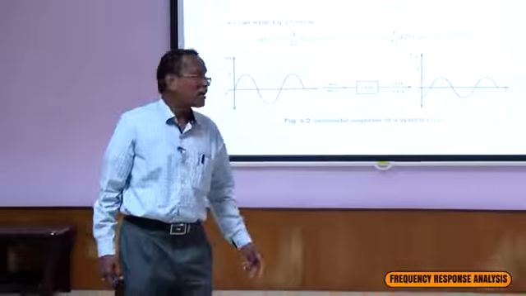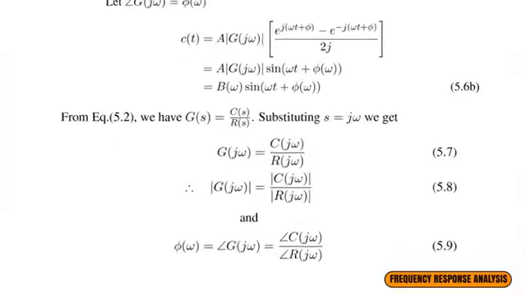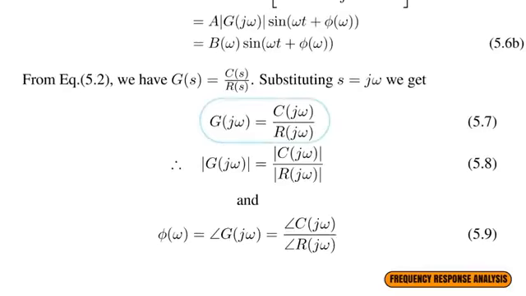So here G of j omega, already we know that it is C by R. What is the transfer function? G of S equals C of S by R of S. G of S is the transfer function of the system. It is nothing but the Laplace transform of output upon the Laplace transform of input.